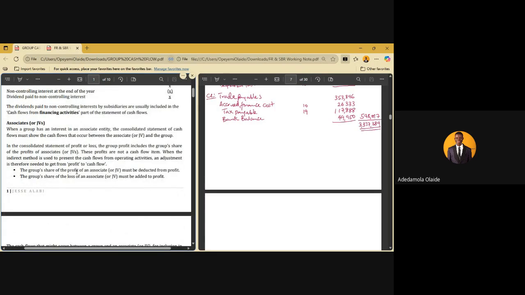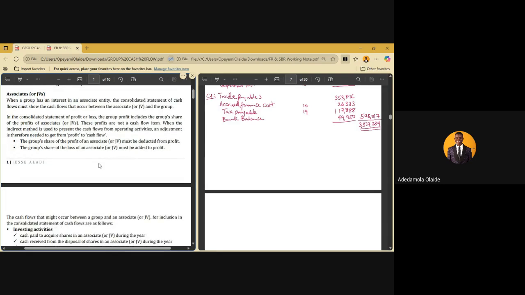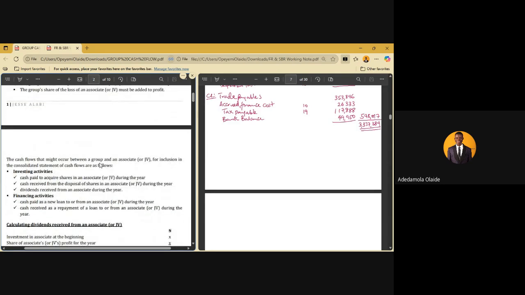That's that. For associates or joint ventures, how does it affect the cash flow? What will affect the cash flow as it relates to an associate or joint venture would be the dividend received from the associate during the year. However, the share of the associate profit during the year must have been added back.